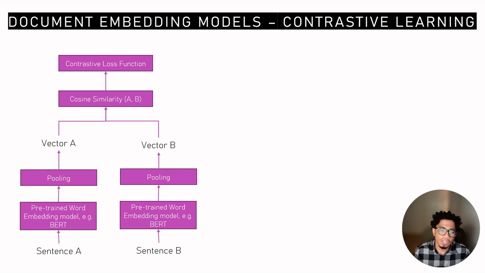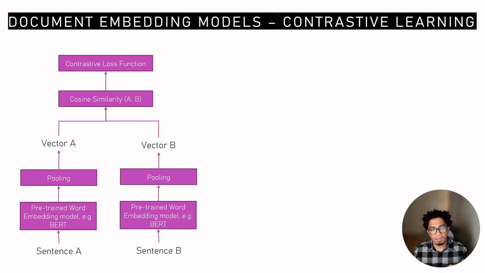And you essentially have, call it like a Siamese network. You have sentence A and sentence B, that will go through the same pre-trained model. And then you have pooling, so it's an average of the word. And then you have essentially the vector, the sentence embedding vector.